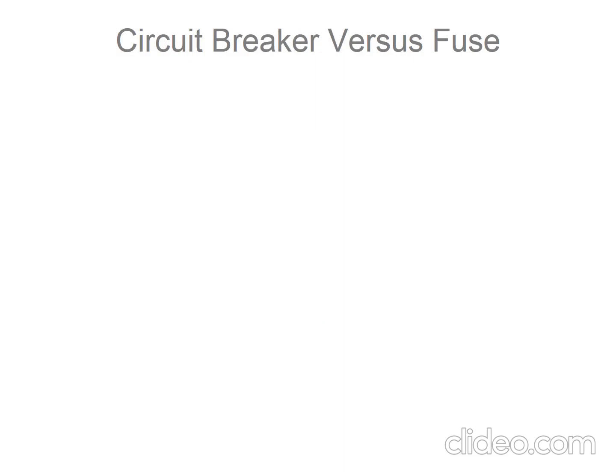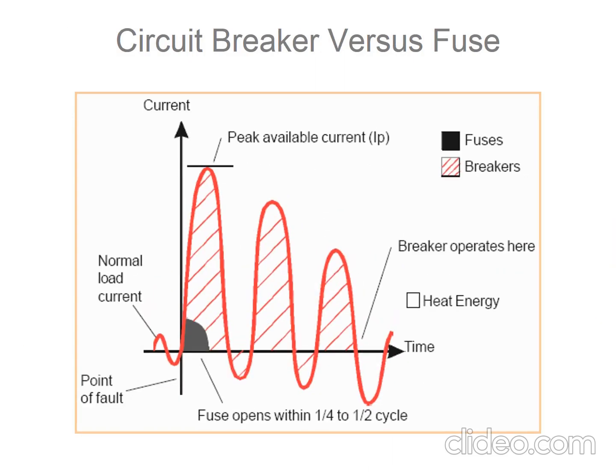Okay, next is the circuit breaker versus fuse. We can see here the graph for the operation. Here is the normal load current condition, and this is the point of fault. When a fault occurs, the fuse will open within 1/4 to half cycle.